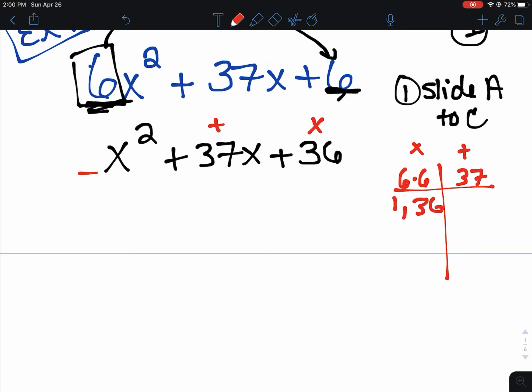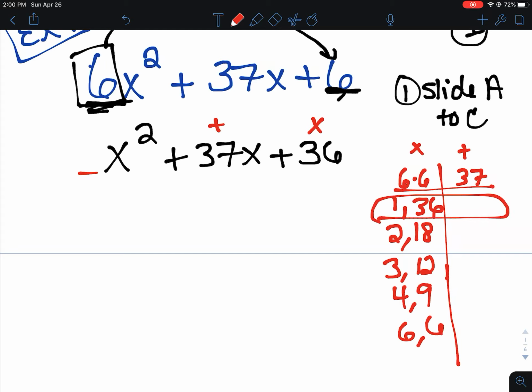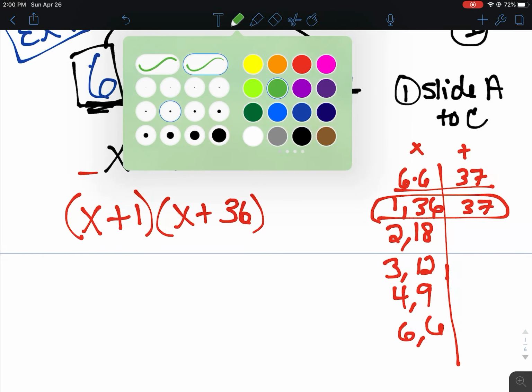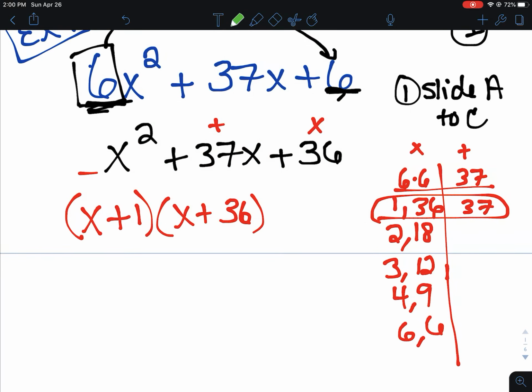Well, I know we have 1 and 36, 2 and 18, 3 and 12, 4 and 9, and obviously 6 and 6 because that's what we multiplied to get to it. The only set that I see that adds to 37 is this 1 and 36, right? So those are my two magic numbers. So my factors become x plus 1, x plus 36. Again, same thing you guys did in the last assignment.